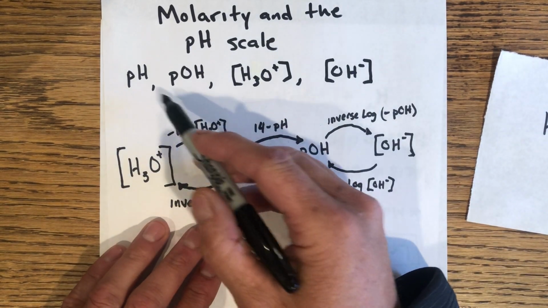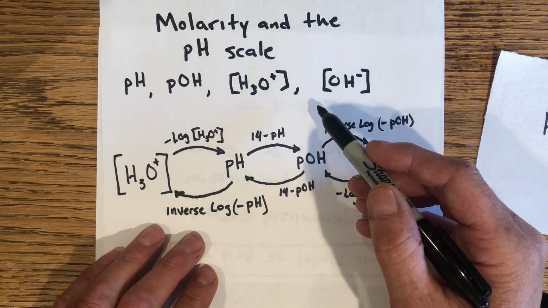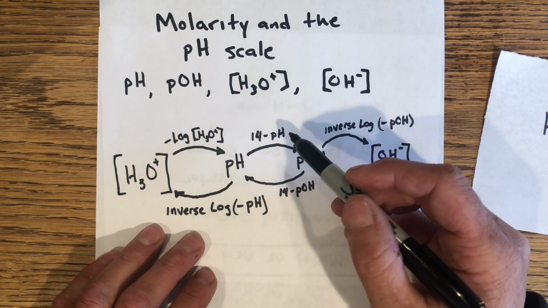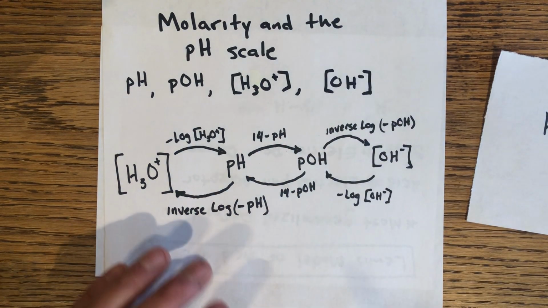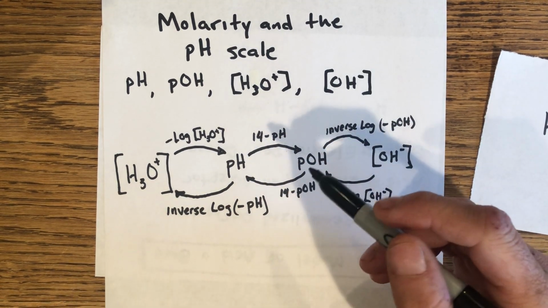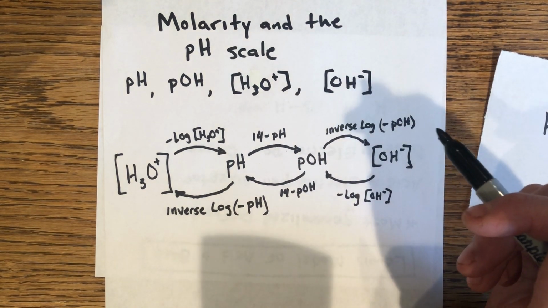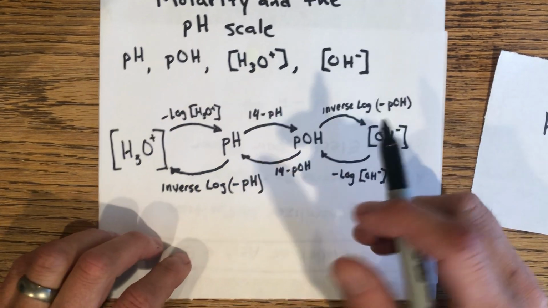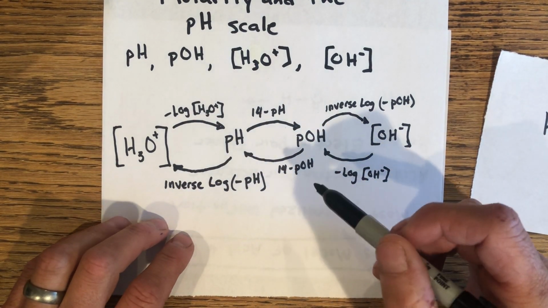If you have any one of these four items given to you, then you can easily find the other three by doing a little bit of math. The math involves using logs and inverse logs. Here's a little pathway that takes you from place to place, a bit like our subway map in chemistry.